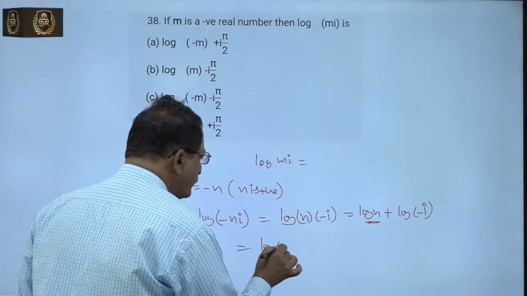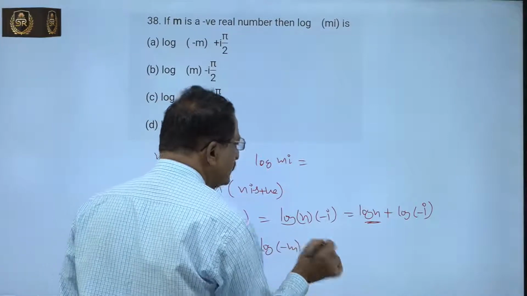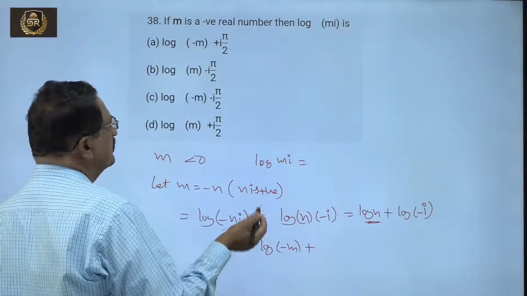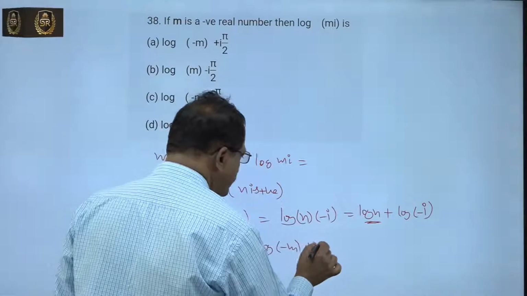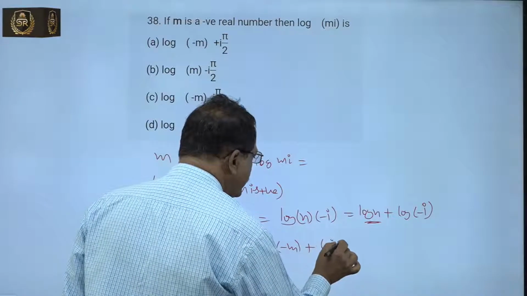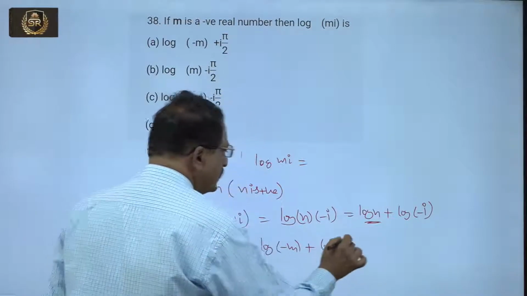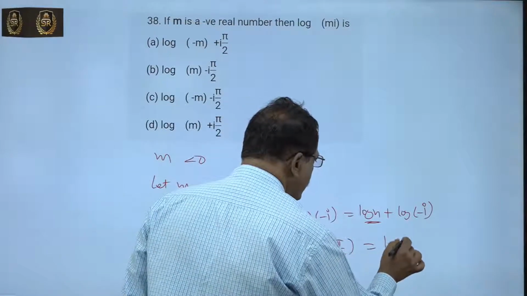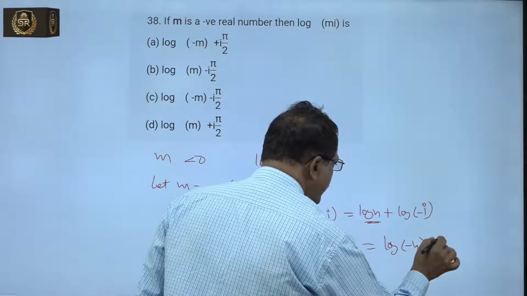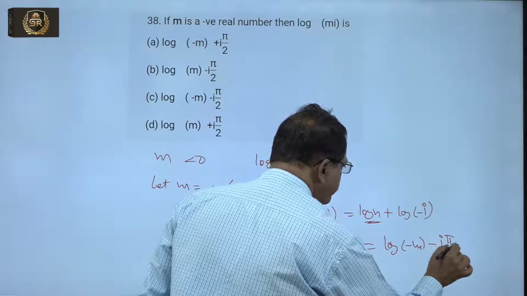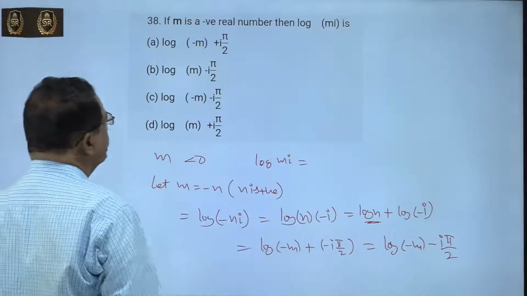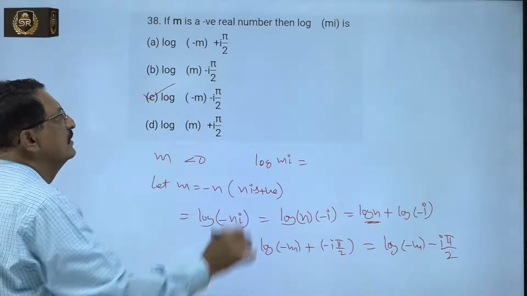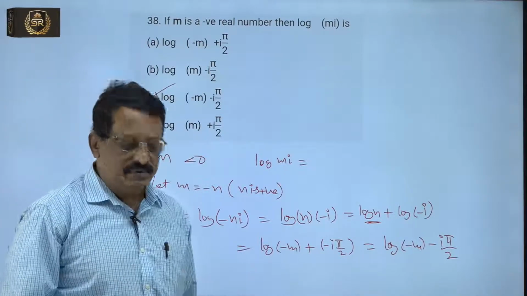Now log of minus m plus log of minus i equals, from the previous problem, minus i pi by 2. Therefore the answer is log of minus m minus i pi by 2. Option C is correct.